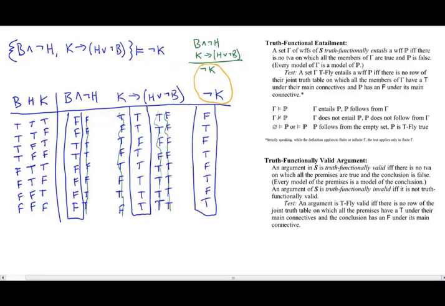Now keep in mind, what we're looking for is a row on the truth table where every member of the set or all the premises are true, but the target or conclusion comes up false. If we can find such a truth value assignment, then the entailment fails and the argument would be invalid. So let's take a look.